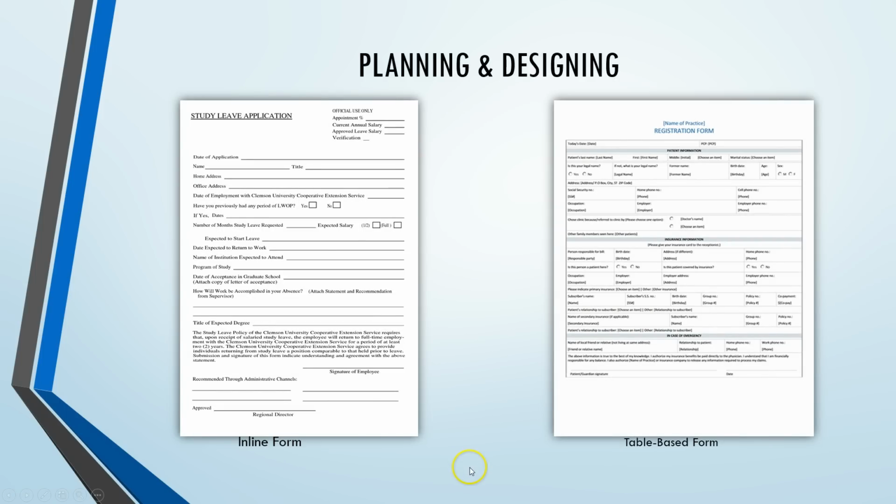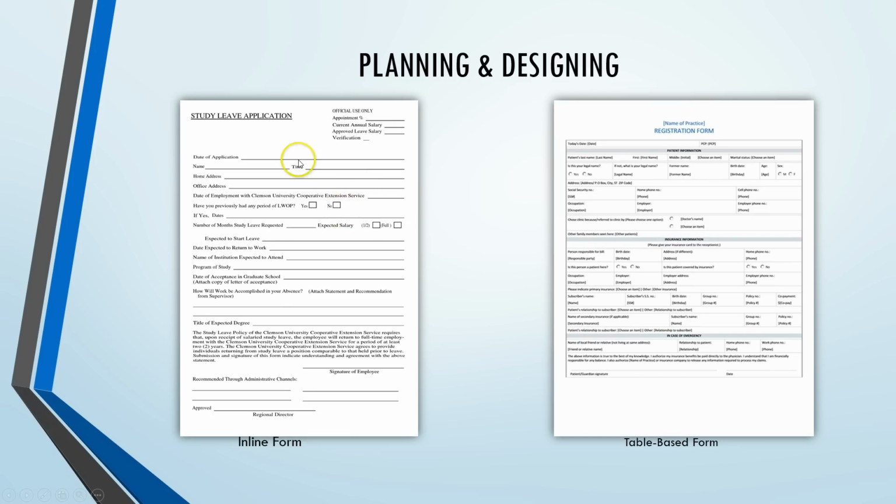A couple of different ways of building forms is using either an inline method or utilizing Word's table capabilities. For the inline form, it's very simple. You type in a label and then type a line to signify where the applicant is to fill in the form. You can even add a square to signify a checkbox.